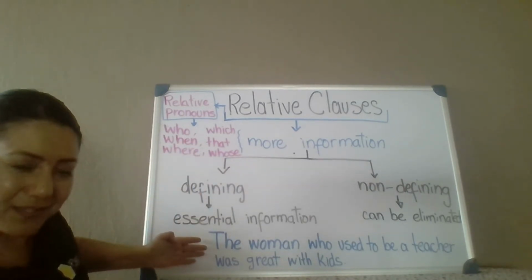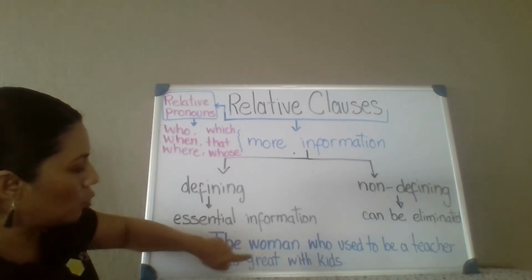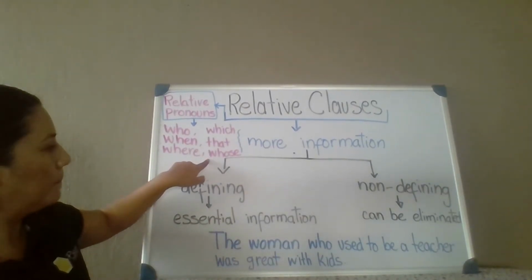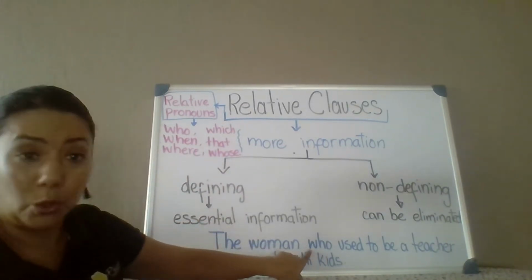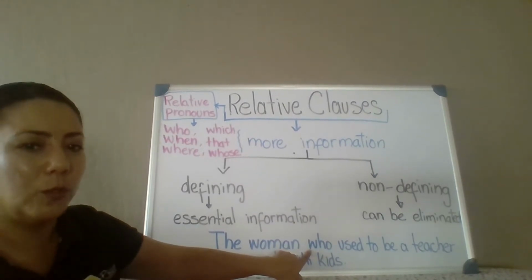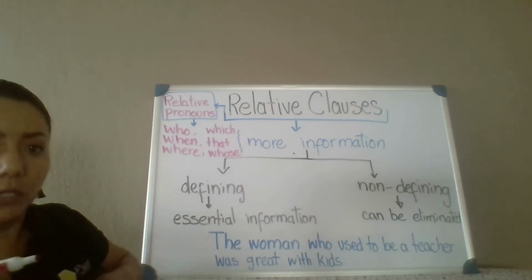Back to the sentence. Which relative pronoun can you see in this sentence? Do you see the word whose, that, where, who? Yes, there's the word who. Now, let's underline the relative clause.